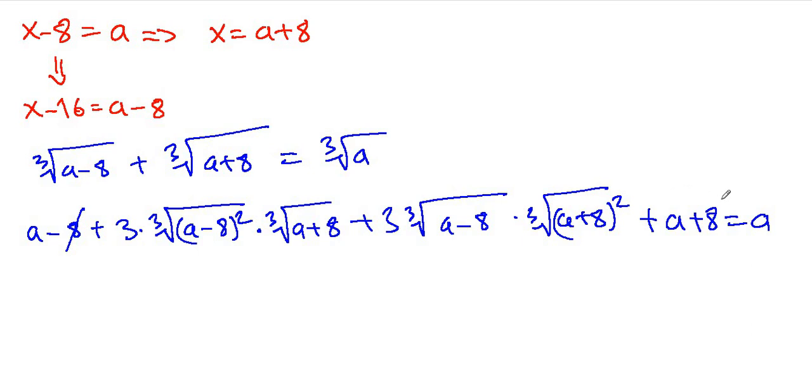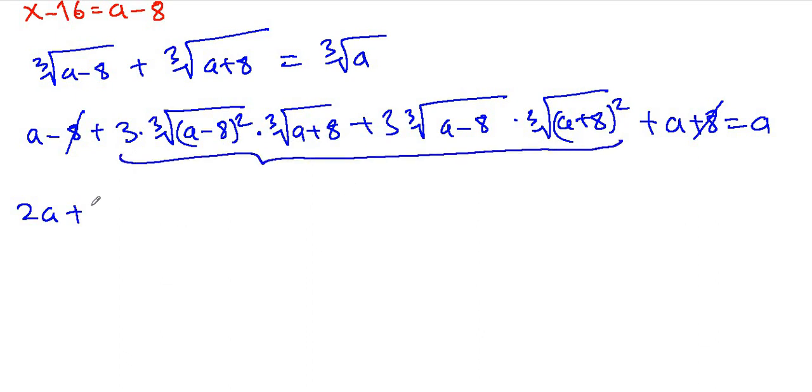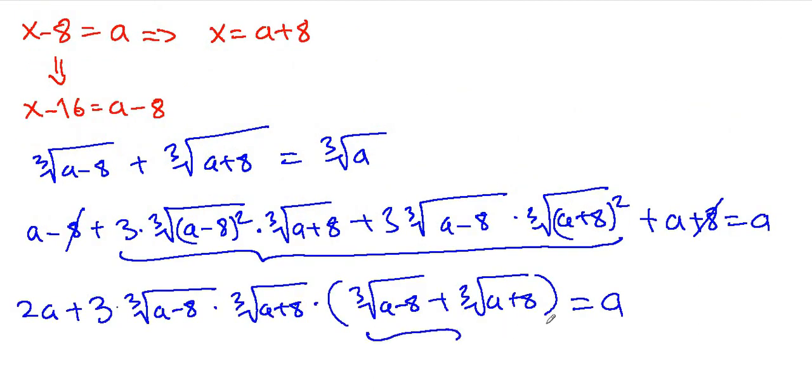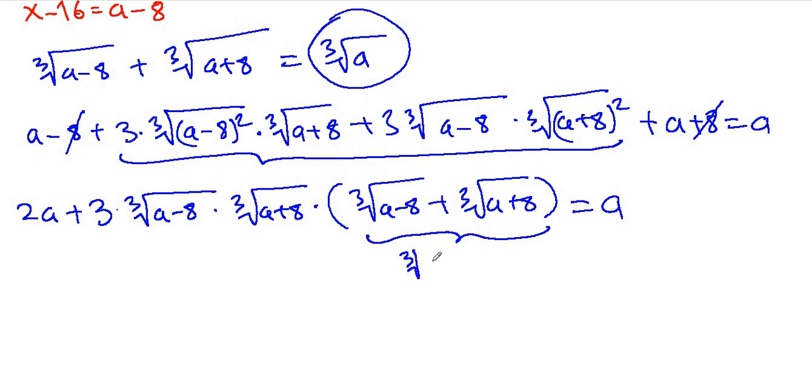And we see that minus a plus a will be cancelled, and this is going to be 2a plus, from these expressions I can factor out 3 times cubic root of a minus 8 times cubic root of a plus 8. Then inside the bracket, simply cubic root of a minus 8 plus cubic root of a plus 8, and this is equal to a. Now we see that this one is simply equal to, as you can see, this one. So therefore this is cubic root of a.